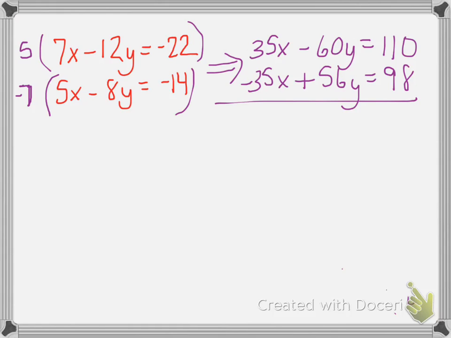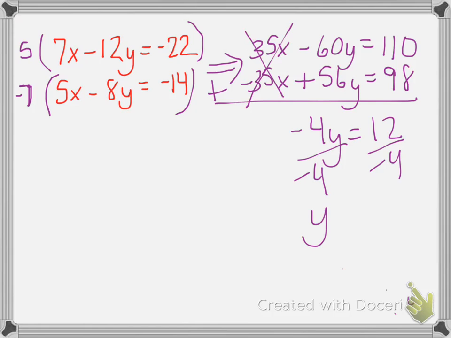And now I can eliminate. There's my elimination because one's positive and one's negative. And this will give me negative 4y equals 12, negative 4, y equals negative 3.